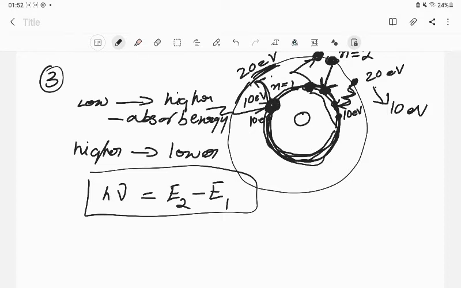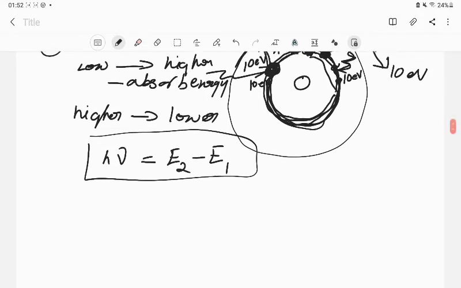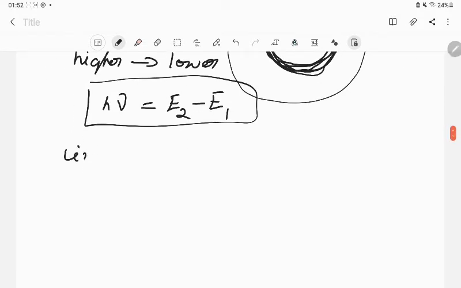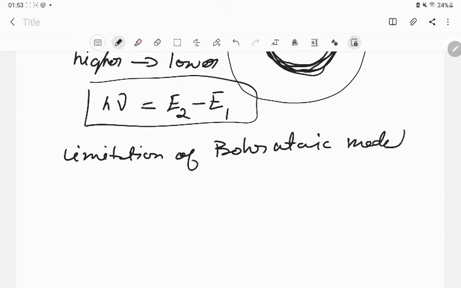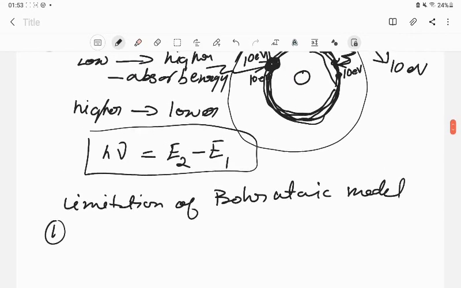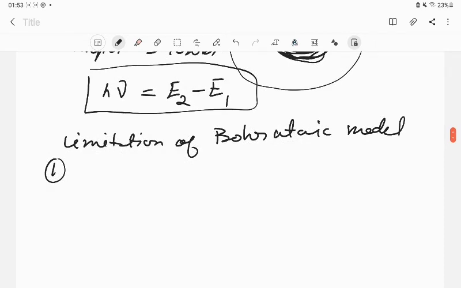Now it also has some limitations. Limitations of the Bohr atomic model. The main limitation is that this model applies only to those atoms which have atomic number 1.